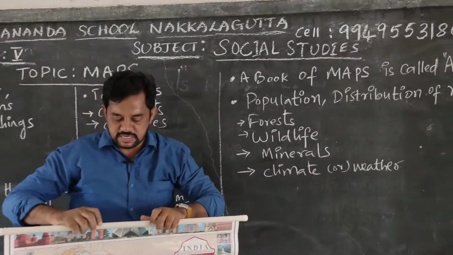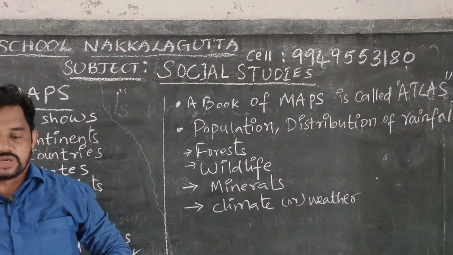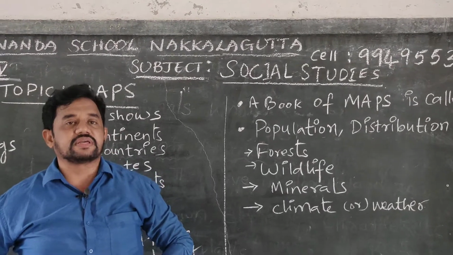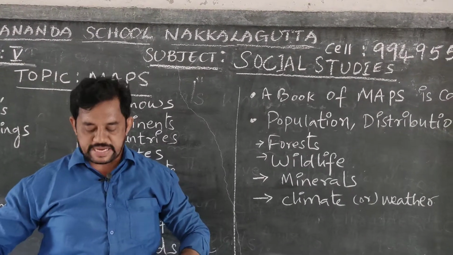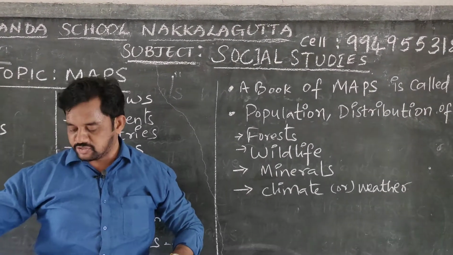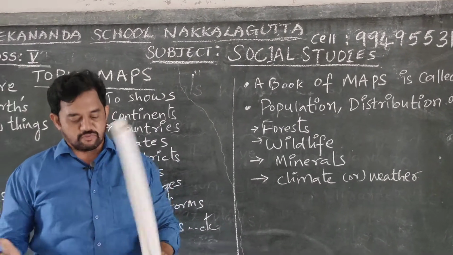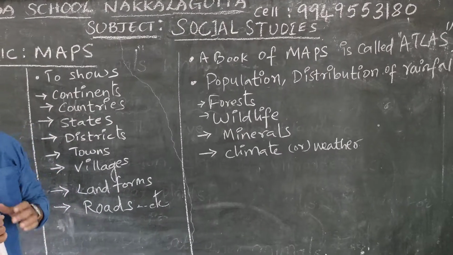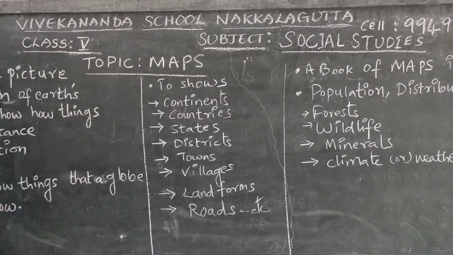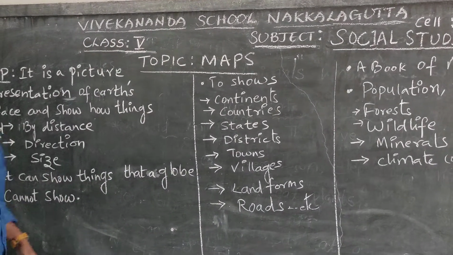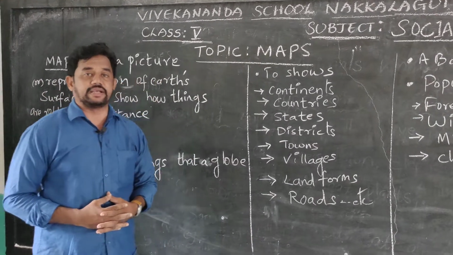It's a physical representation. So now it is very clear for you, I think, where it gives great knowledge of using maps. And children, I want you all to prepare one Indian map and one world map also, which will be very useful to you to understand how important a map is.